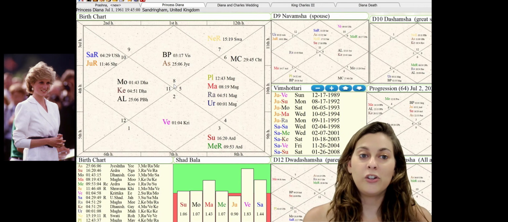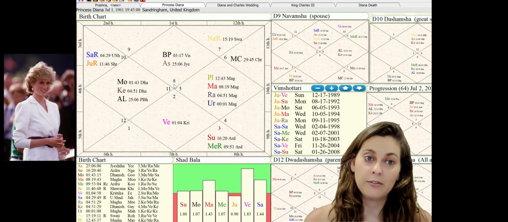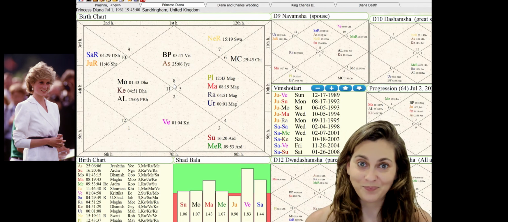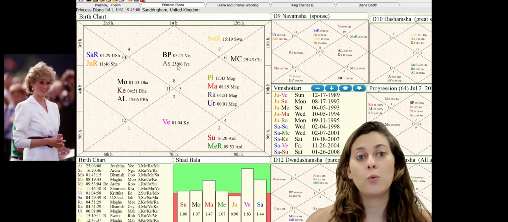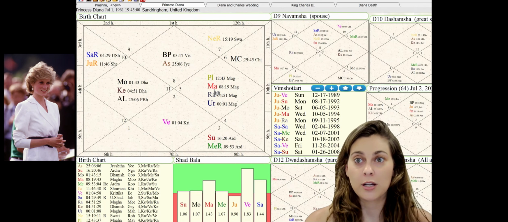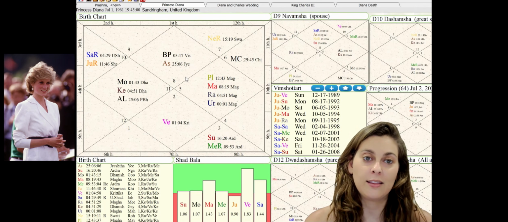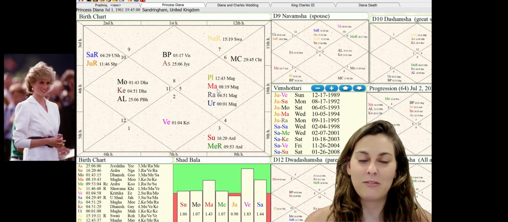So we want to look at the ruler of her lagna, her lagnesha, which is Mars. Mars rules Scorpio. So where is Mars in her chart? Mars is here in her 10th house, and we already see there's quite a stellium here. So Mars is going to be very important.